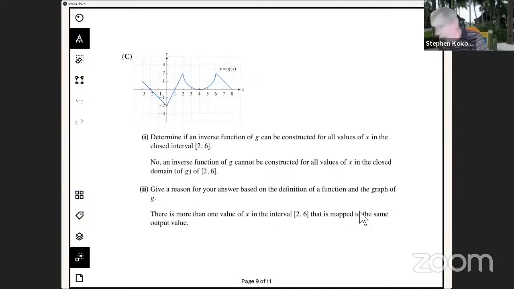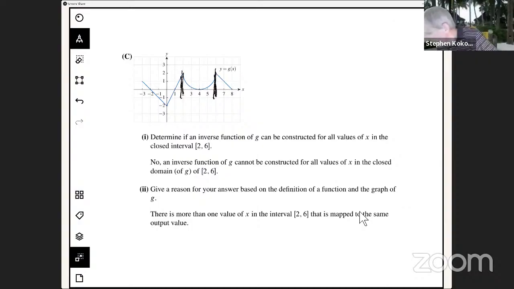And there was one more part here, C, which I kind of liked. It says determine if an inverse function of g can be constructed for all values of x in the closed interval 2 to 6. So I reproduced the graph here. Can you get an inverse function for g only on that interval? And the answer to this is no, because it fails the horizontal line test.